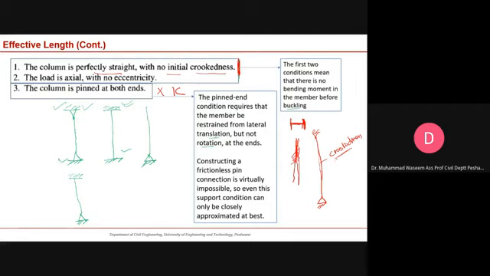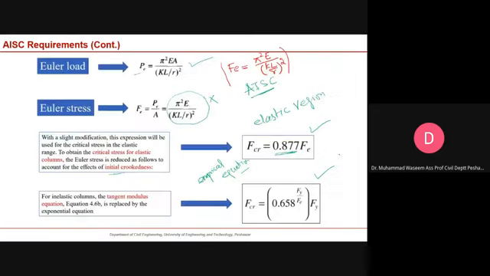So that's why, in order to take care of this factor, कोड क्या कहता है कि आप इस इक्वेशन को इस्तेमाल मत करें, आप इसको थोड़ा सा रिड्यूस कर लें। इसको AISC क्रिटिकल स्ट्रेस एम्पिरिकल इक्वेशन कहती है। ठीक है, ये देखें, with slight modification this expression will be used for critical stresses in the elastic region.